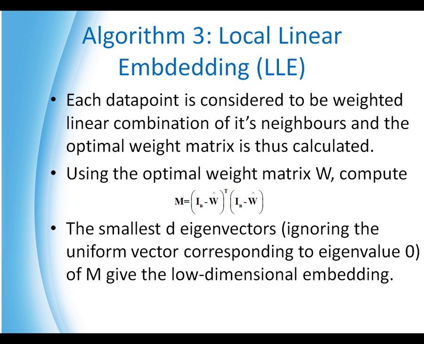Let's say it is W. Out of this W, we compute another matrix called M, as can be seen in this equation, and then we find the smallest d eigenvectors, ignoring the last one, which corresponds to the eigenvalue 0. It is just a uniform vector, so we ignore that one, and then the next d smallest eigenvectors of the matrix M give the low dimensional embedding of the data set.